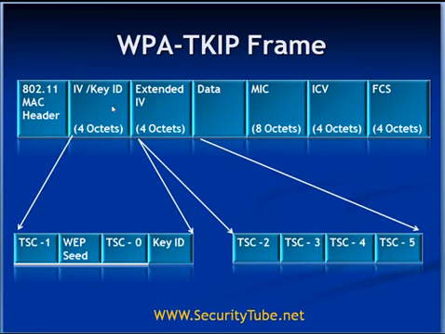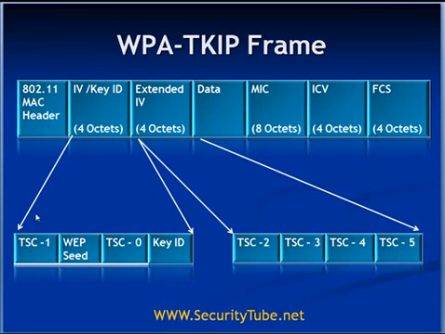Now the IV or key ID field, which is 4 octets, contains the TSC1. In TKIP the IV is called the TKIP sequence counter, because the IV is used as the initialization vector as well as the function is overloaded with sequence counting. So it is generally called the TKIP sequence counter, TSC.